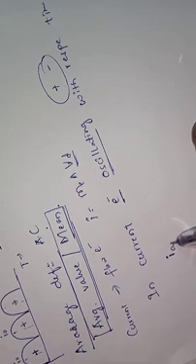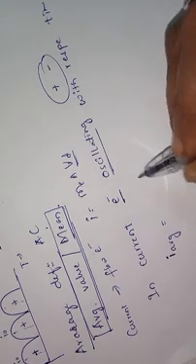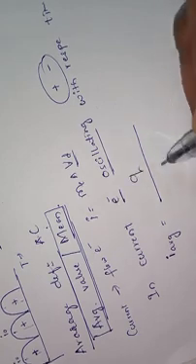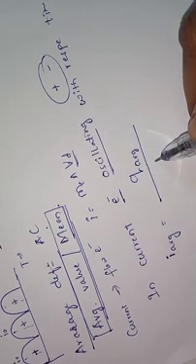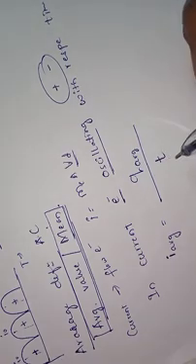So we can write I average, or average current, is equal to the average charge moved in a particular time t. You can take small t or capital T also.